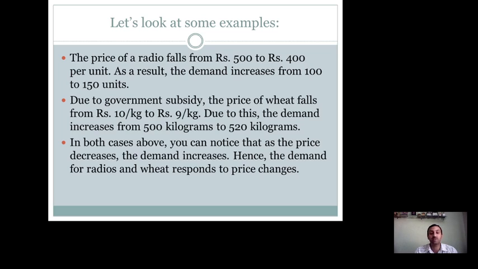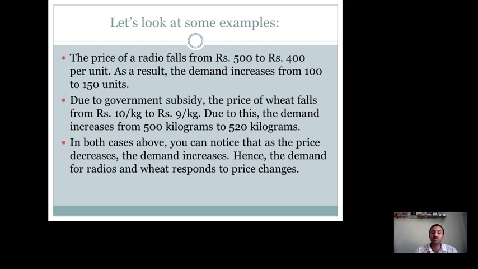The second example: due to government subsidy, the price of wheat falls from rupees 10 per kg to rupees 9 per kg. Due to this, the demand increased from 500 kg to 520 kg. Here, in the first situation, when the price of wheat was rupees 10 per kg, at that point of time 500 kilograms were demanded in the market.